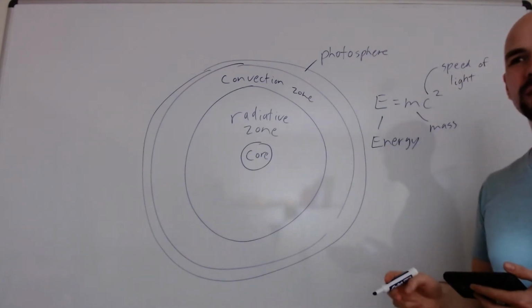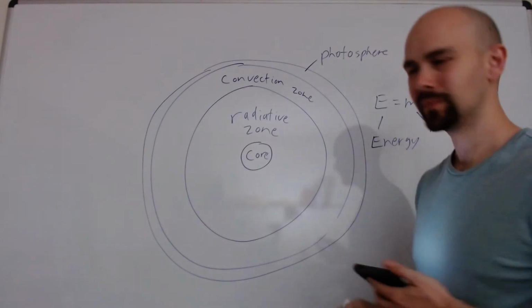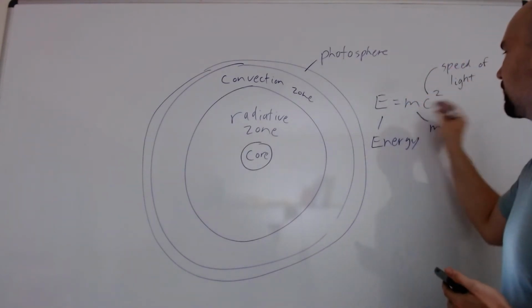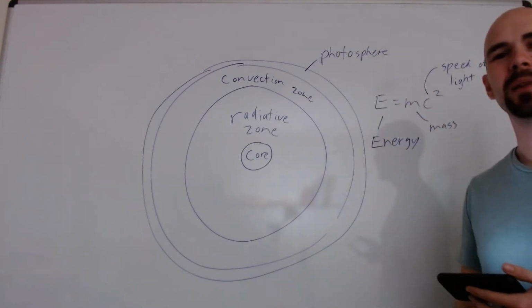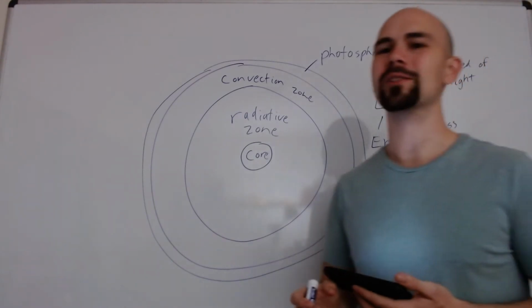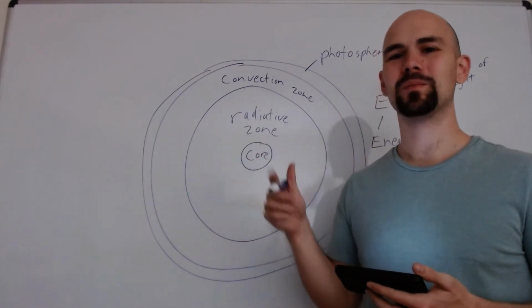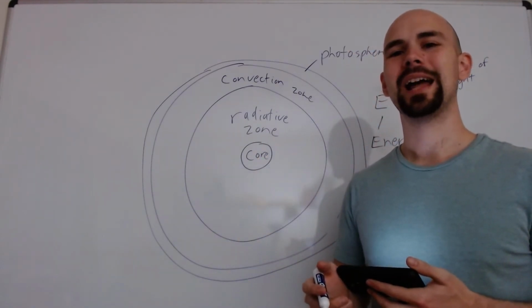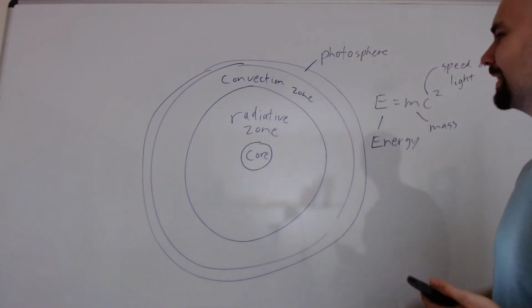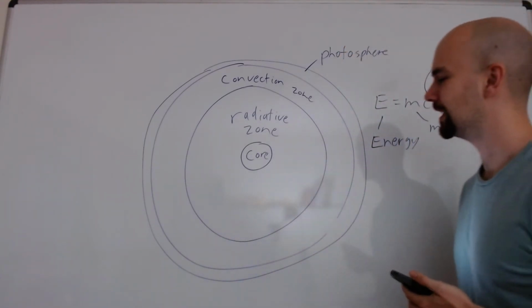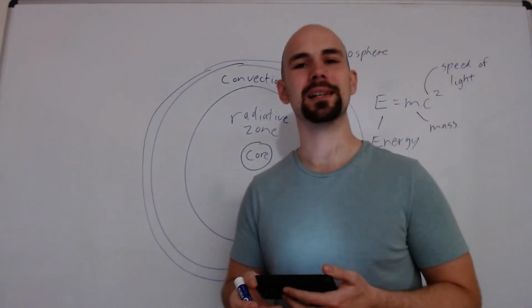So if you have matter, then you multiply it by the speed of light squared, and that's how much energy you're actually releasing if you were to convert that matter into pure energy. So you take tiny amounts of matter and convert some of it into energy, and not all of it, when you have a fusion reaction, and it releases tons and tons of energy.